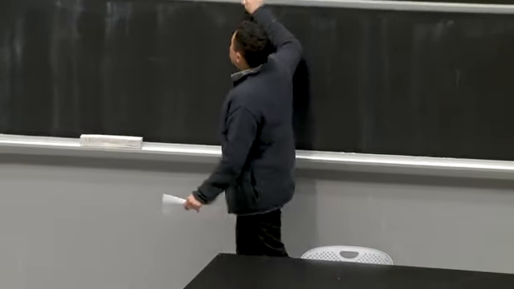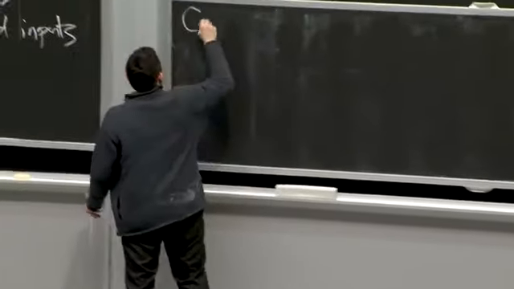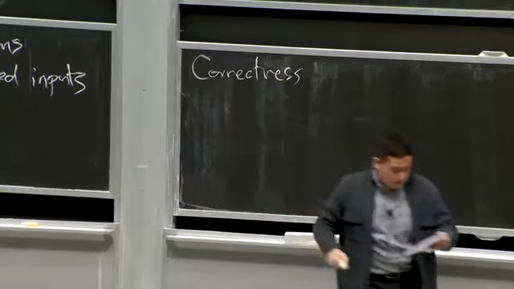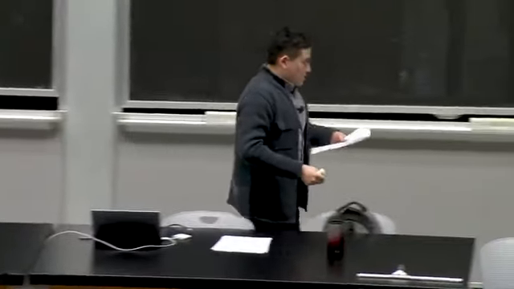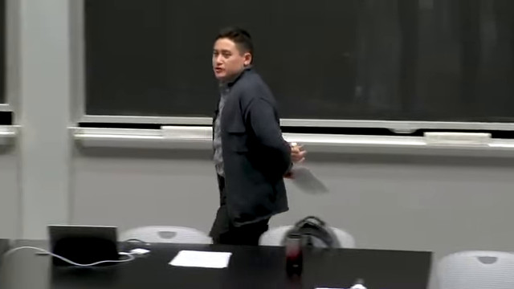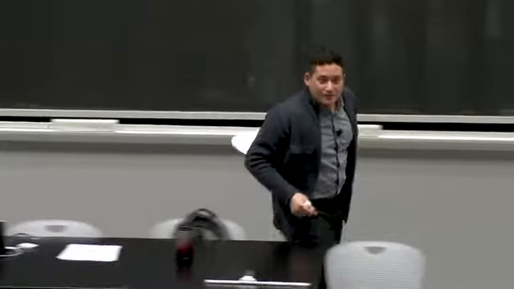Okay, so how do we prove that this thing is correct? We've got to use induction. So how can we set up this induction? What do I need for an inductive proof? Base case.